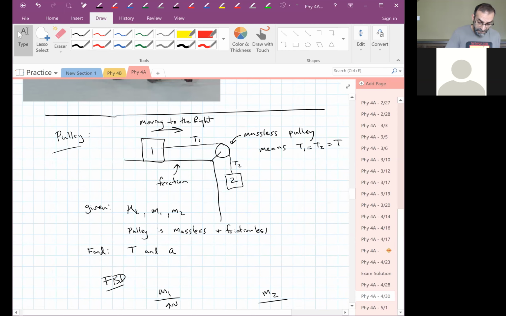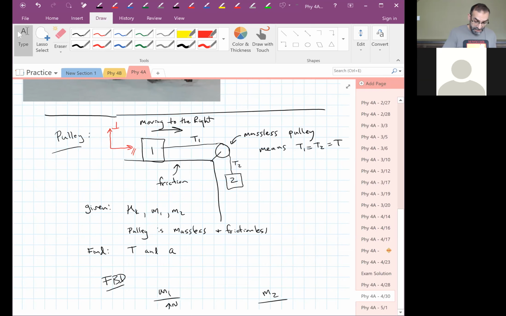I'm going to pick to the right and up as my directions. I'm not going to call them X and Y though. I'm going to call the horizontal parallel to the motion, parallel to the surface, and the other direction perpendicular. So parallel and perpendicular. You'll see in a minute why I'm doing that.